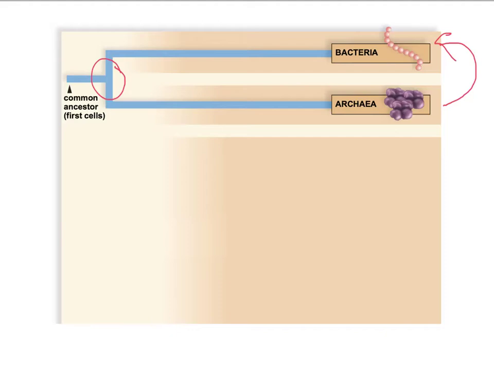So just because you're looking at one group of organisms at the top here doesn't mean that bacteria is more advanced or more complex than archaea. That's not what this representation is meaning. This just means that these groups split at the node and continue to develop until right now.